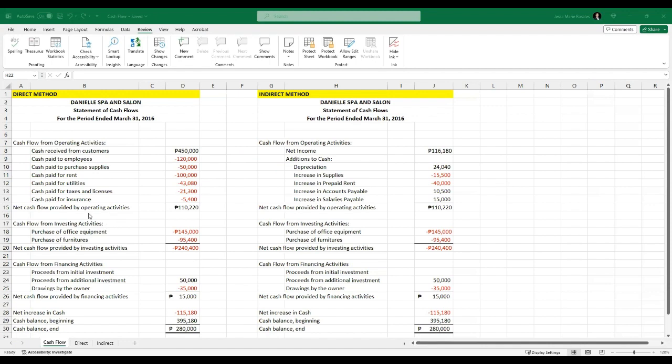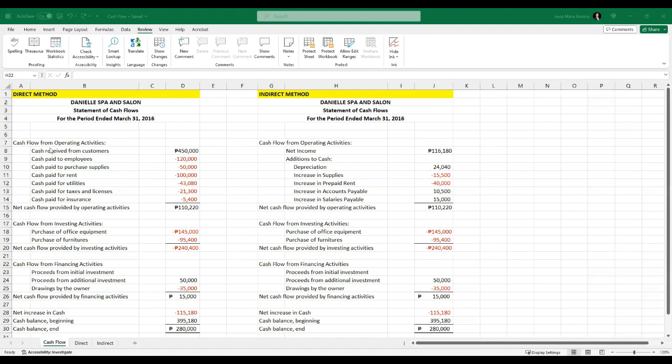So, unsay difference sa direct ug indirect method? Direct method is the longer version sa statement of cash flows because isa-isahon gyud nimo ang katong mga activities where you received cash and activities where you paid in cash. Okay? So, for example, cash received from customers, cash paid to employees, cash paid to purchase supplies, isa-isahon gyud na.